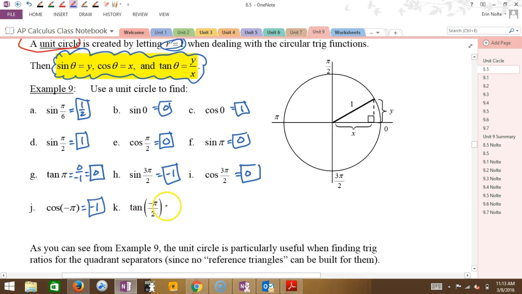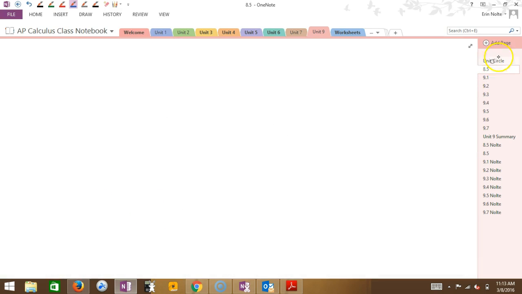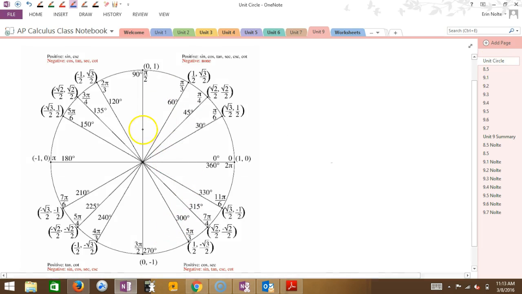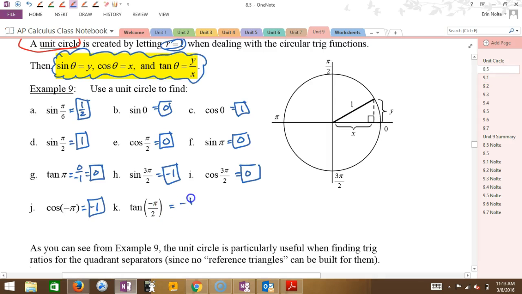And tangent at negative π/2, instead of going up to here, we're going to go down, so we're looking at this one. Tangent is y over x, so I have -1 over 0, and you cannot divide by 0, so that's undefined.